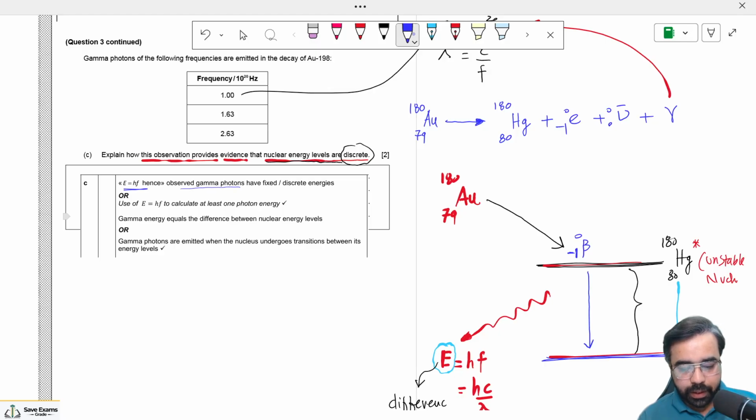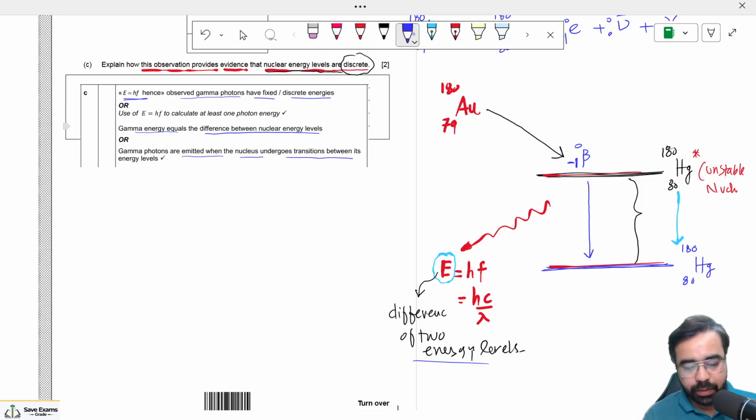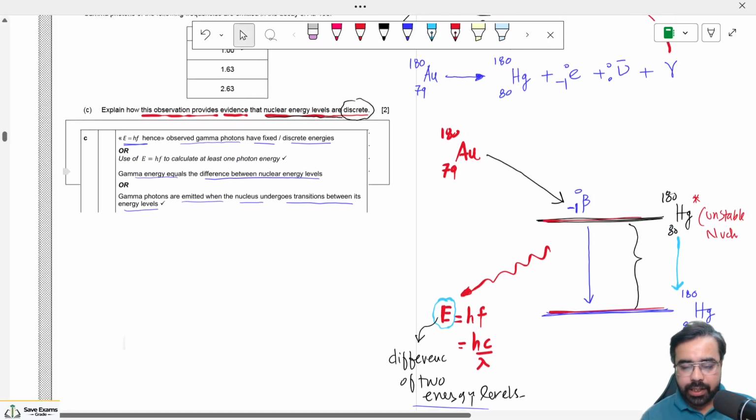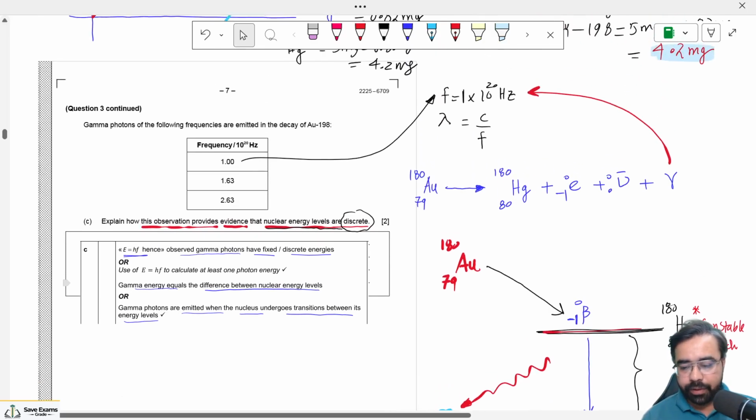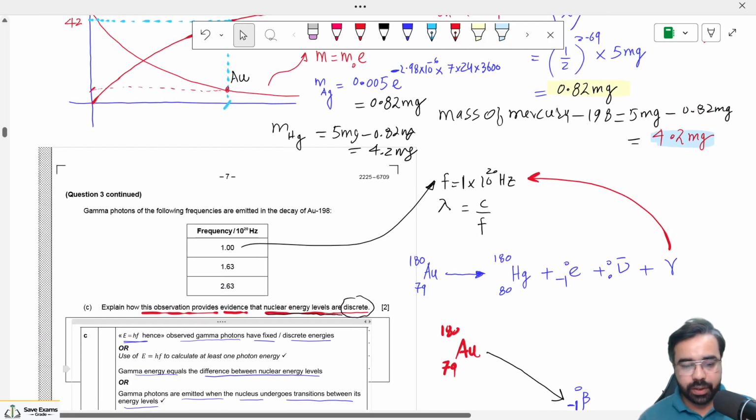Observed gamma photons have fixed discrete energies, right? And this gamma energy equals the difference between the nuclear energy levels, just like I have shown you here. And then the gamma photons are emitted when the nucleus undergoes a transition between its energy levels. So I have explained all of these points with the help of the equation, diagram, and Planck's equation. I hope you understand this solution.